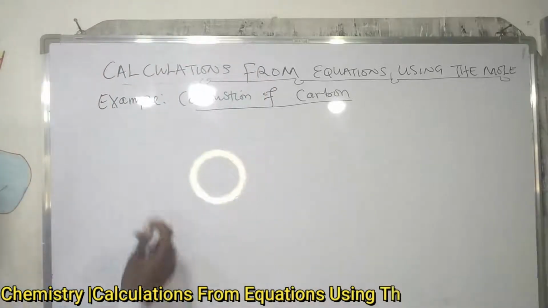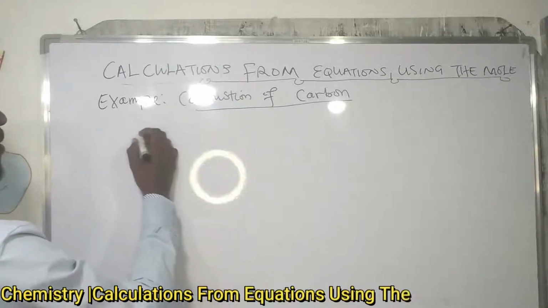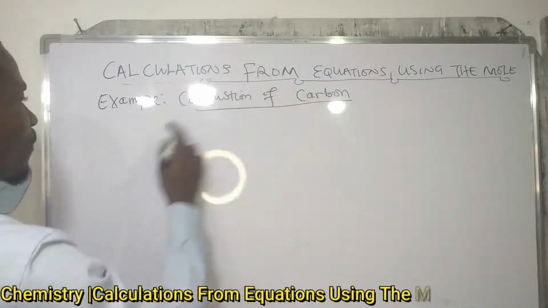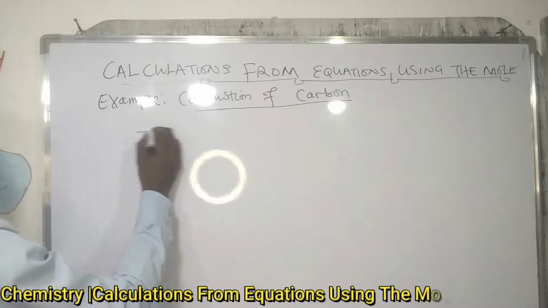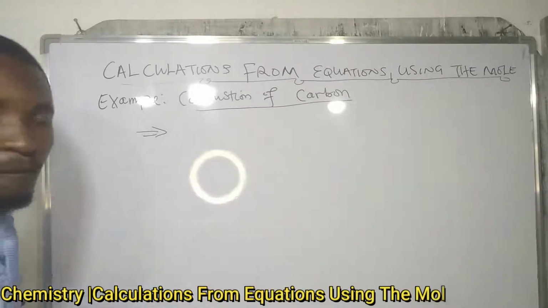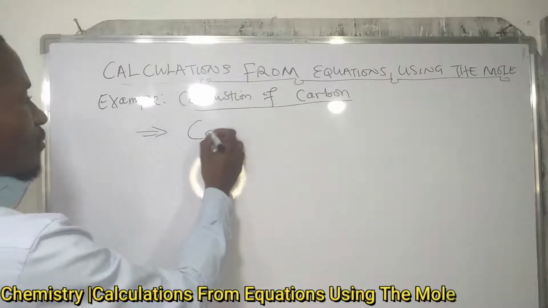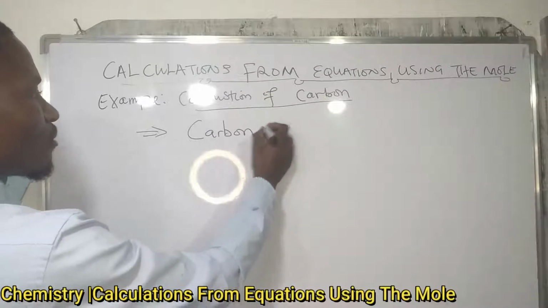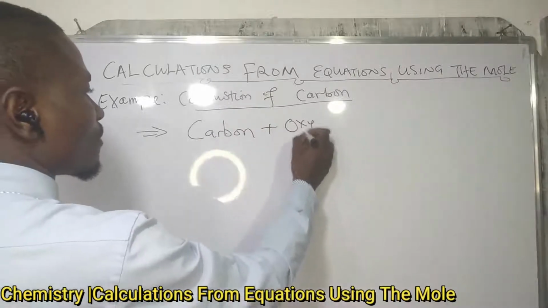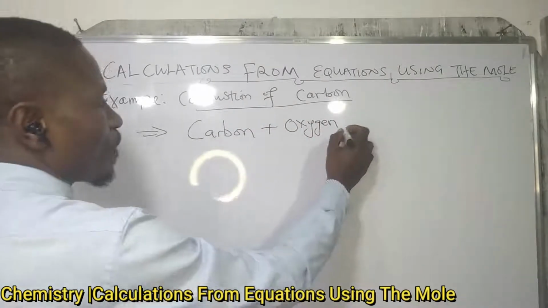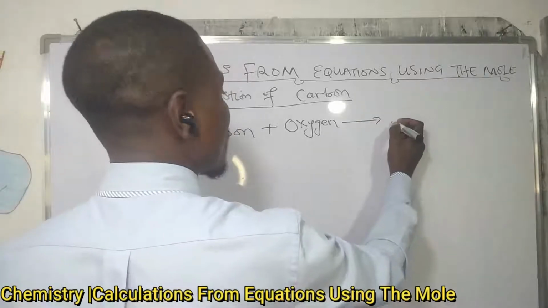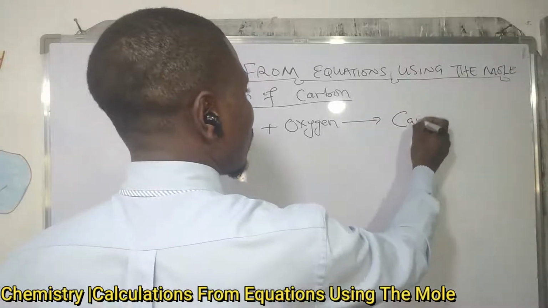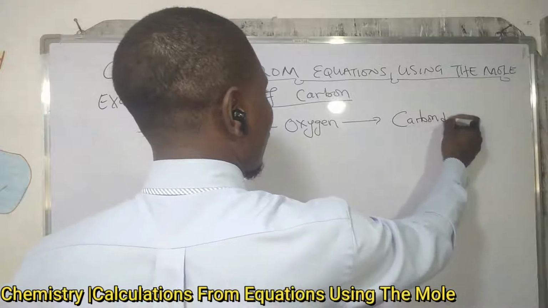So we have carbon plus oxygen, and this is going to produce carbon dioxide.